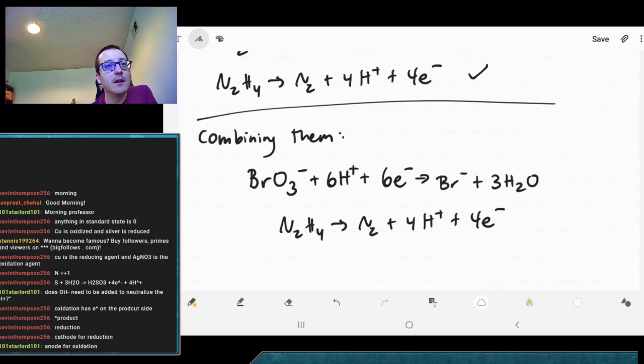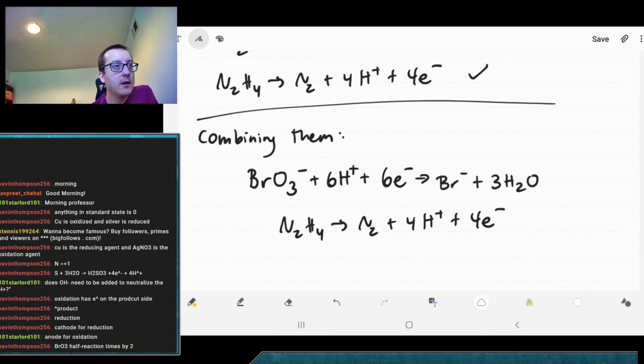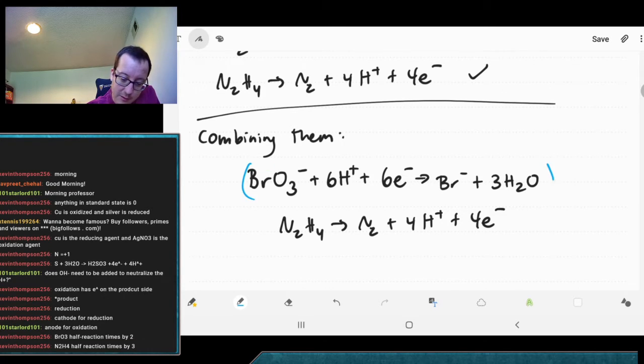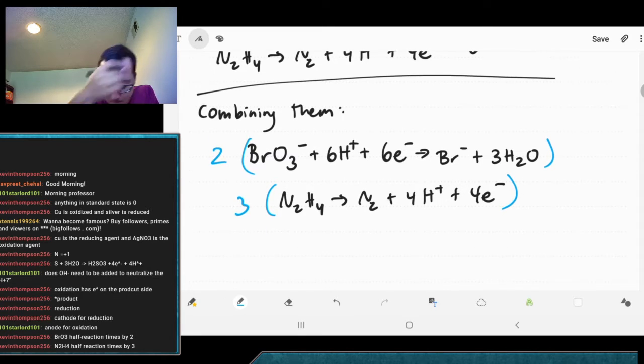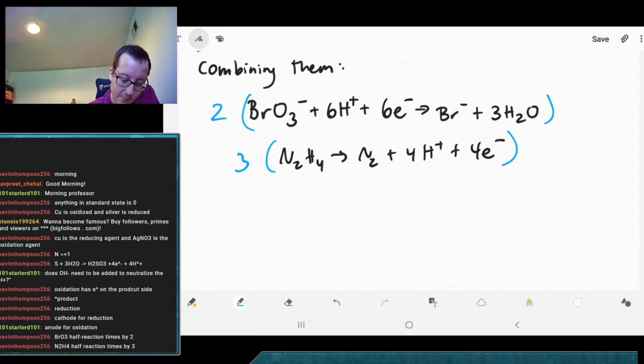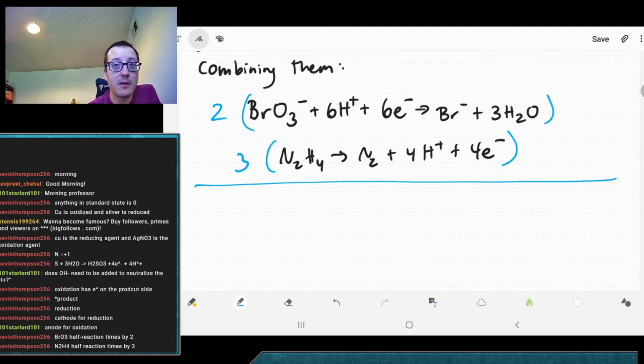If we look at the electrons here, we see that we have 6 and 4. We want those to be the same, so we're going to have to balance them out. We want to do kind of the least common multiple. If we have 6 and 4, both of those will go into 12, right? So if we want to make these into 12, we have to multiply this one by 2 and this one by 3. I'm just going to do that all at once if that's okay with everybody.